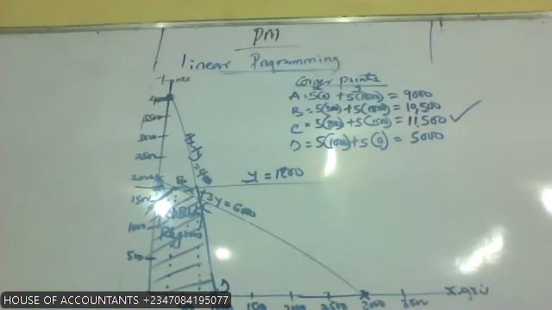So the optimal point is point C, which gives a contribution of 11,500.